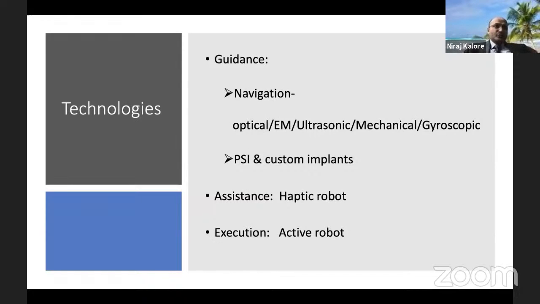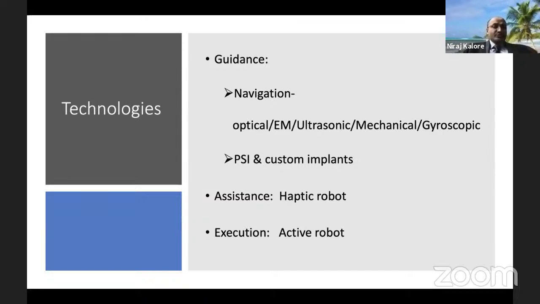The navigation most commonly is optical navigation, which uses infrared spectroscopy. That's what is in most common use. Everything else is on the sidelines, but it's upcoming. Electromagnetic navigation, that's another variation. Ultrasonic navigation. Mechanical navigation is an interesting one. And also the gyroscopic or accelerometer based navigation.